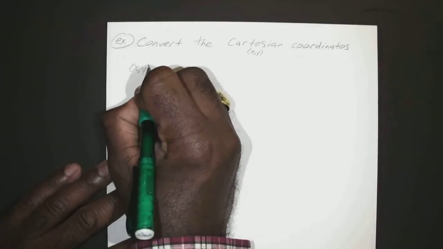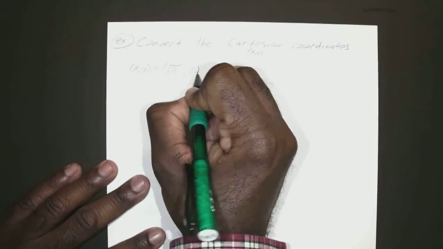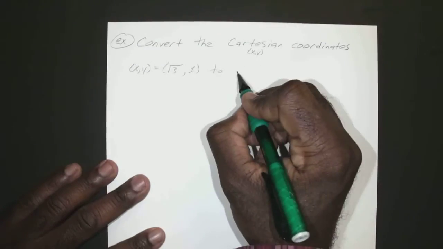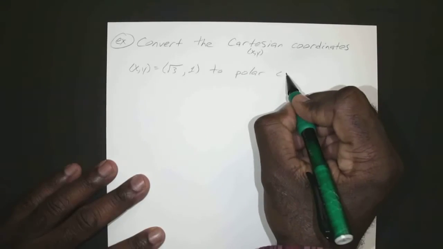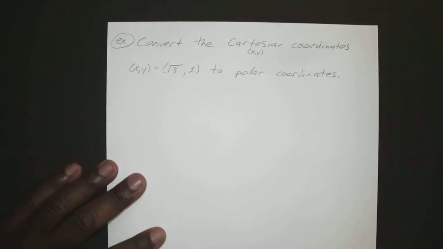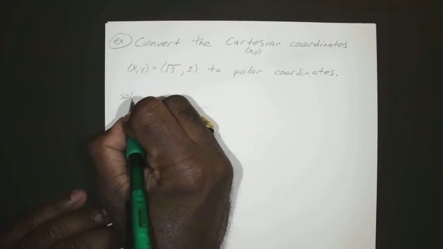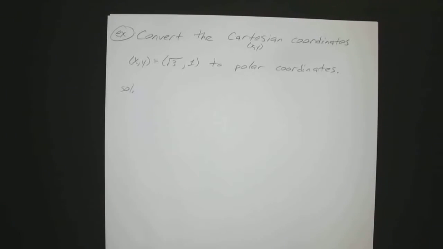So it's xy equals square root of 3, 1 to polar coordinates. Okay. So really, we just want to find our r, theta.